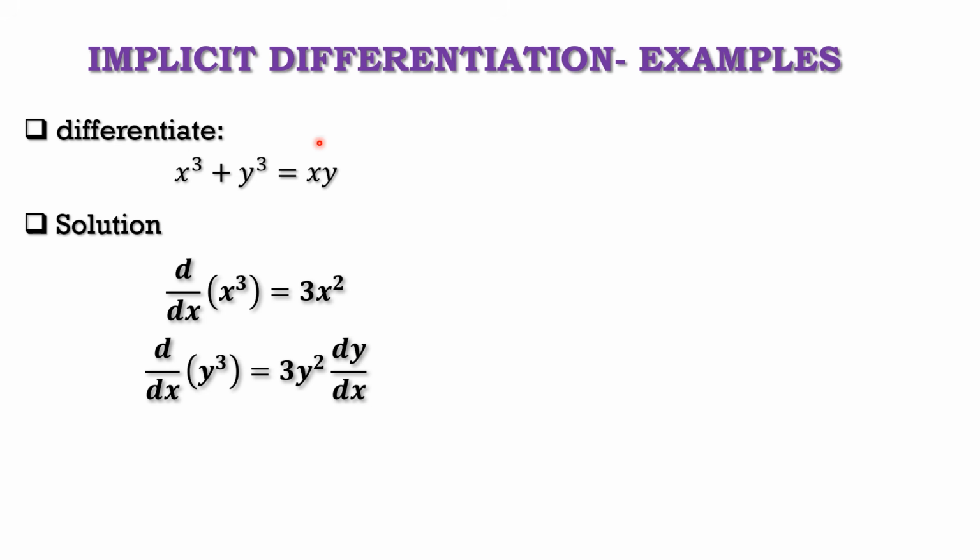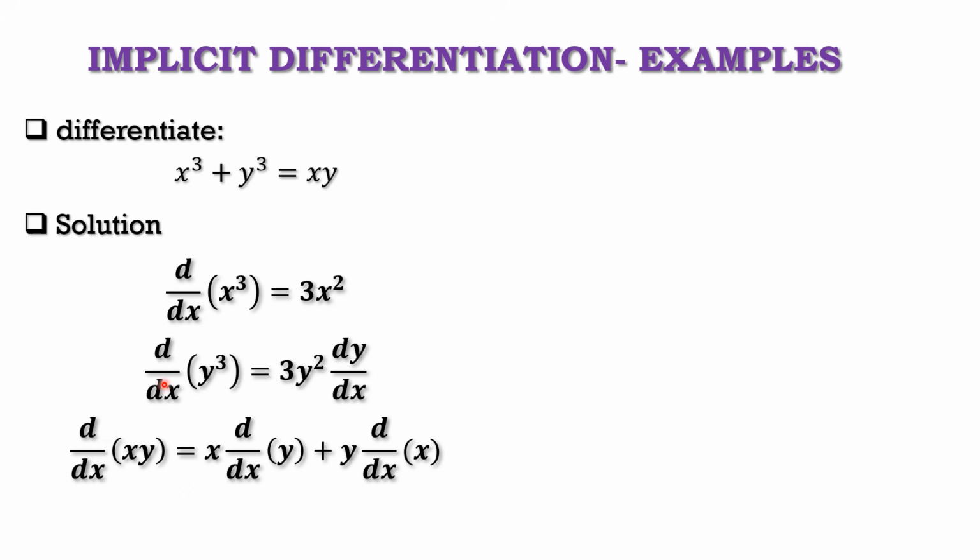Remember, we are going to also differentiate the xy, and it is a product between x and y. So we are going to treat this expression as a product and apply the product rule. So doing that, it will be d/dx of xy equal to, in product rule, we maintain the first function, differentiate the second function, and also maintain the second function, differentiate the first function.